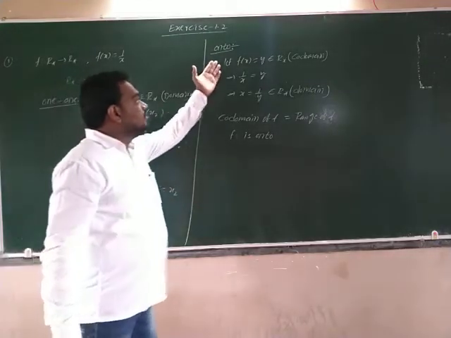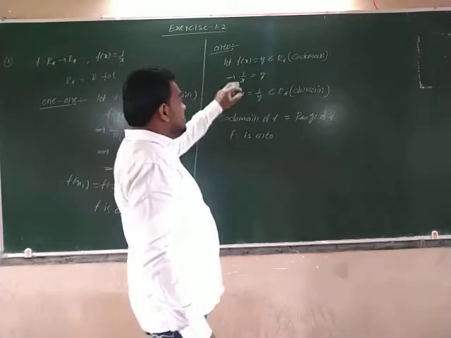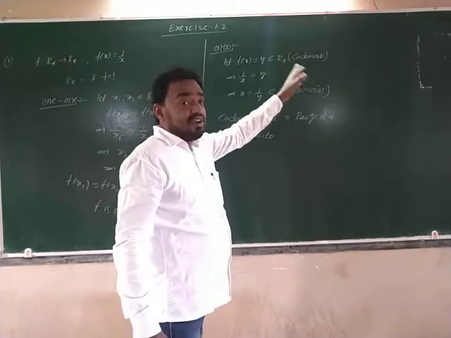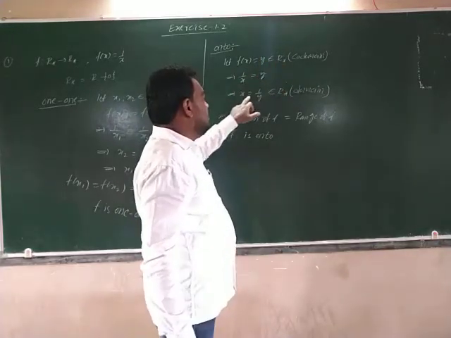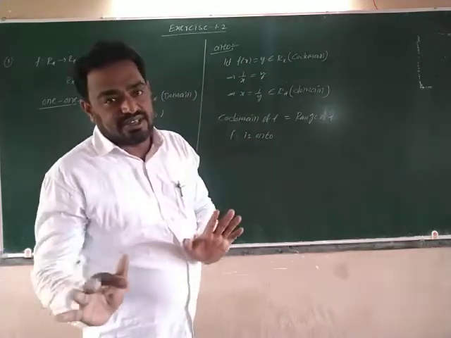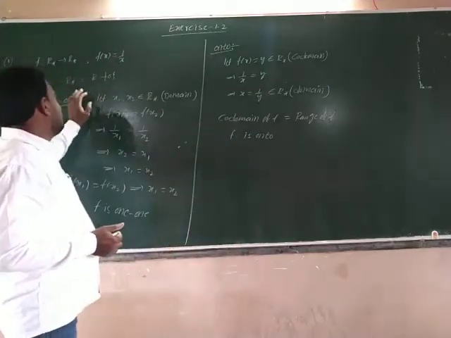Next, coming to onto. f of x is equal to y, where y belongs to R star. R star means here y is a codomain element. So 1 by x is equal to y, and x is equal to 1 by y. Does 1 by y exist in the domain or not?